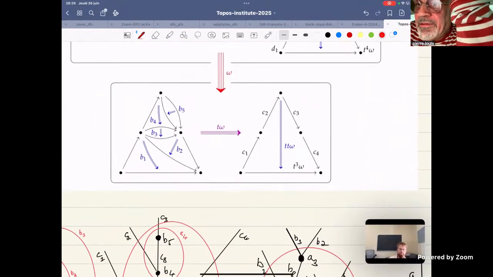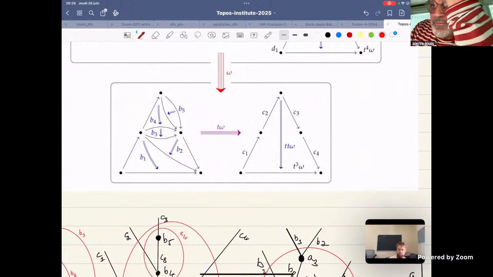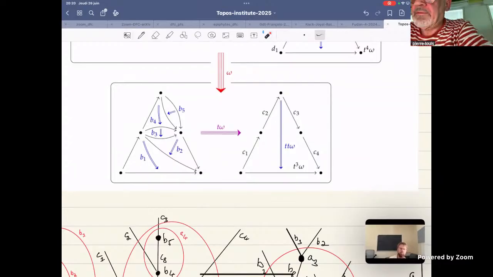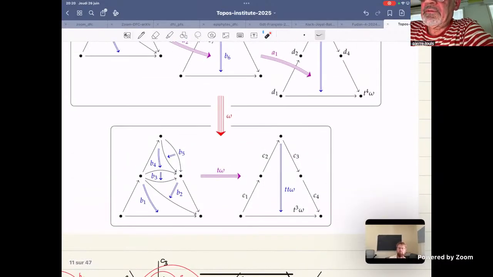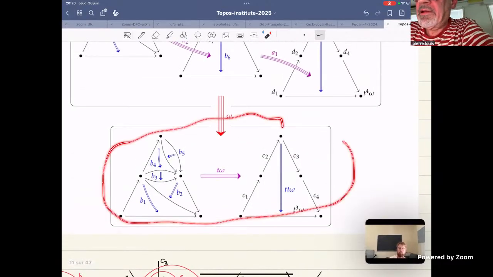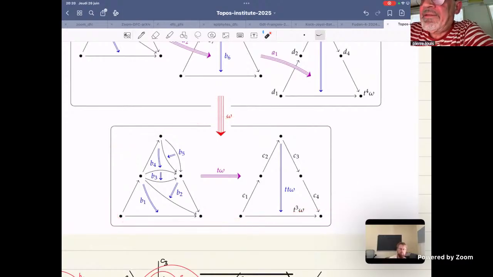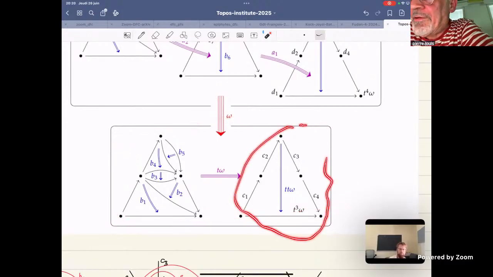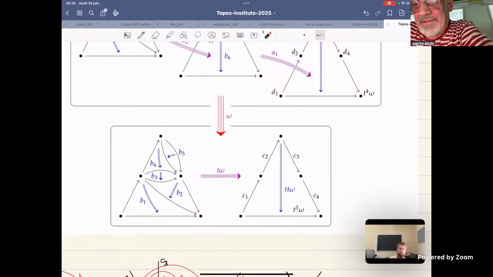Maybe I zoom on it, so it's on the right of what I'm now zooming. Or I could use this. Maybe I can use this. Yes. So this whole thing here is the target. This thing here is the target of the target. And it's actually written T omega and then TT omega.